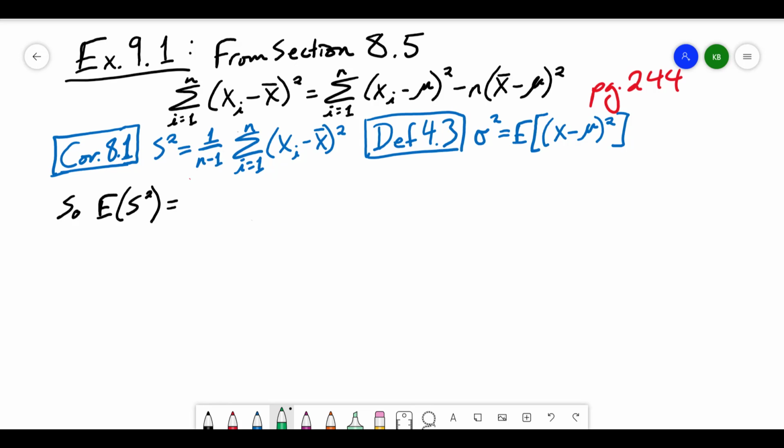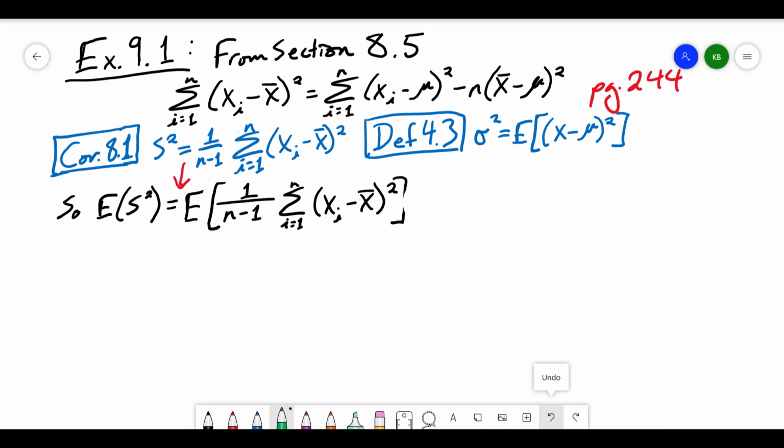So if we're going to find our expected value of our sample variance s squared, what we're doing is we're going to apply corollary 8.1, and we're finding the expected value of 1 divided by n minus 1 times the sum of our xi's minus our x bar squared.